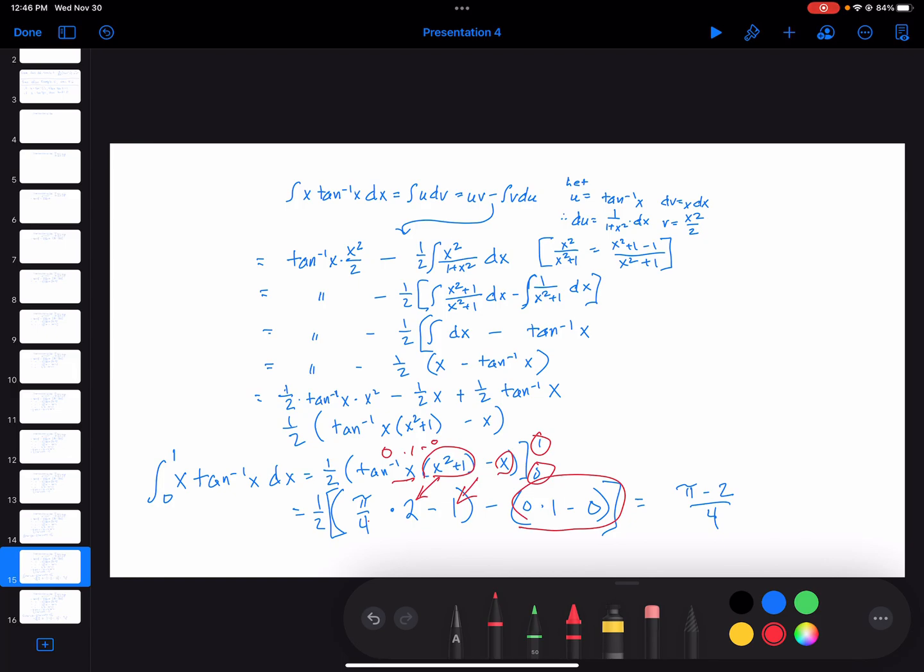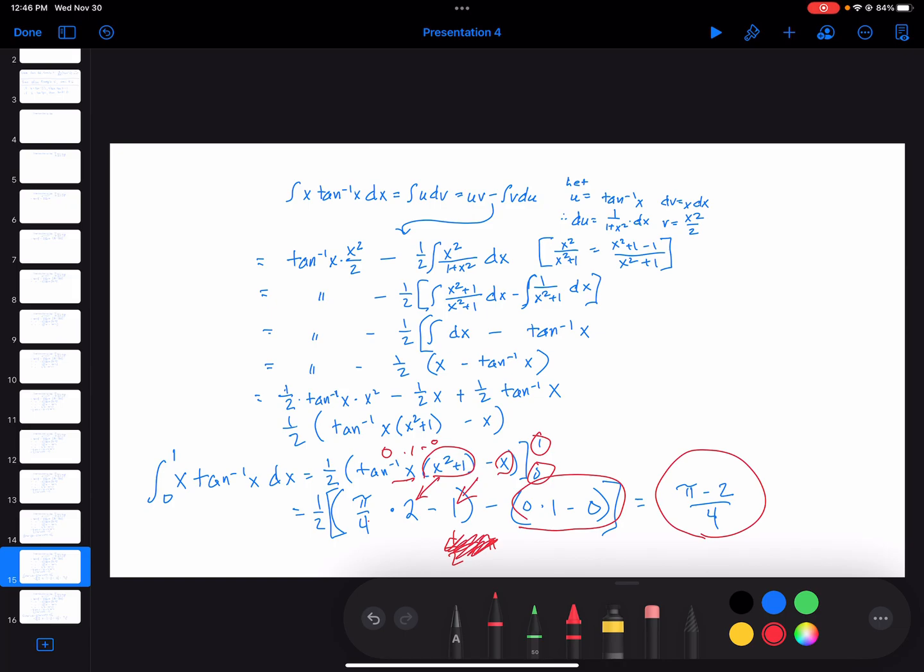1/2 of pi over 4 times 2 minus 1. I got a little lost there, but you wind up with pi minus 2 over 4.